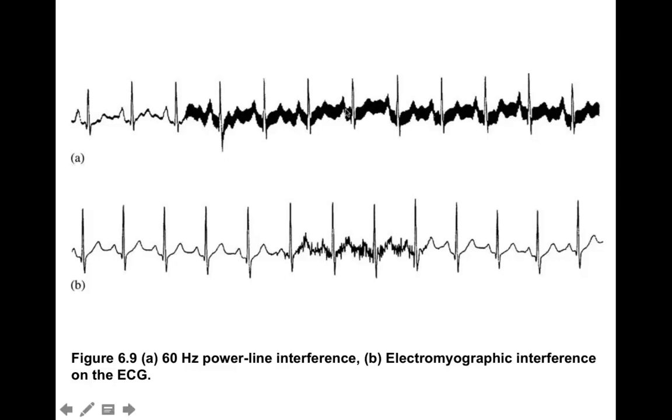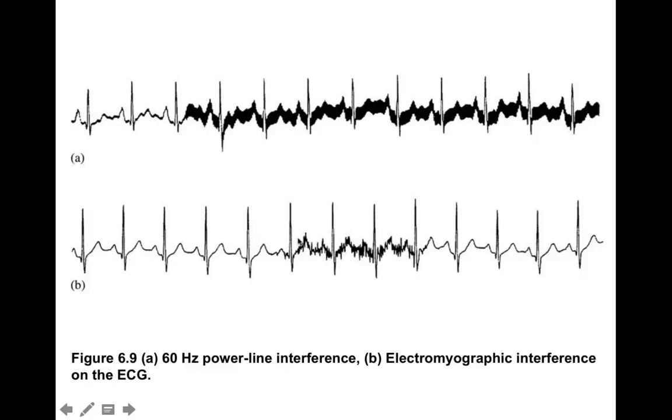So on the 60 hertz, isolation of your system, removal from proximity to any high power sources, and that's often easier said than done. You can sometimes use a specific 60 hertz notch filter to get rid of this.